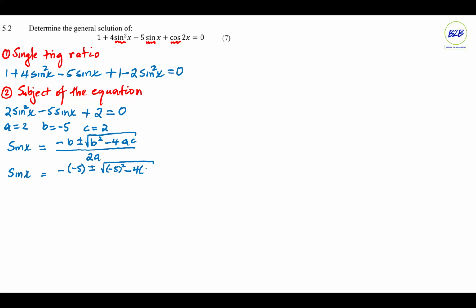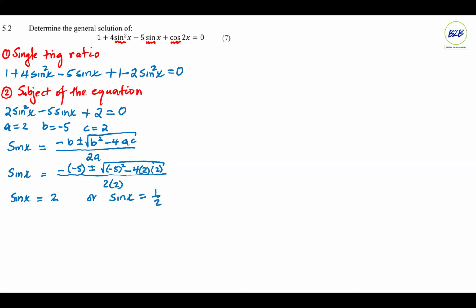What is our a? That is 2. And what is our c? Another 2. And then we divide all of this by 2a. What is our a? 2. Then you press all of that in your calculator. You should then get sine of x is equal to 2, or sine of x is equal to half.